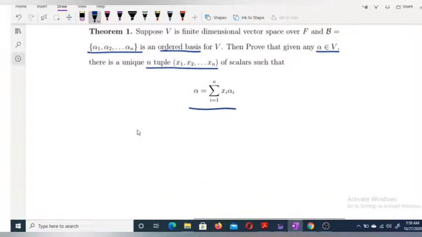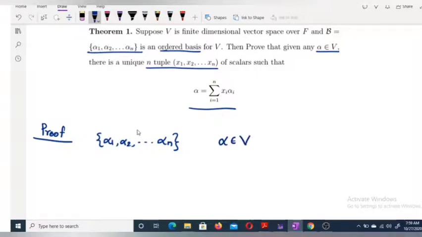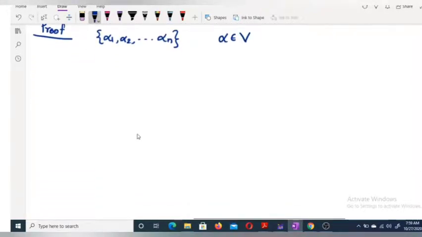Now moving to the proof. Given that alpha 1, alpha 2, etc., alpha n is an ordered basis, that means it is a basis. Therefore, given any alpha belongs to V, you can write alpha as a linear combination of alpha 1, alpha 2, etc., alpha n.